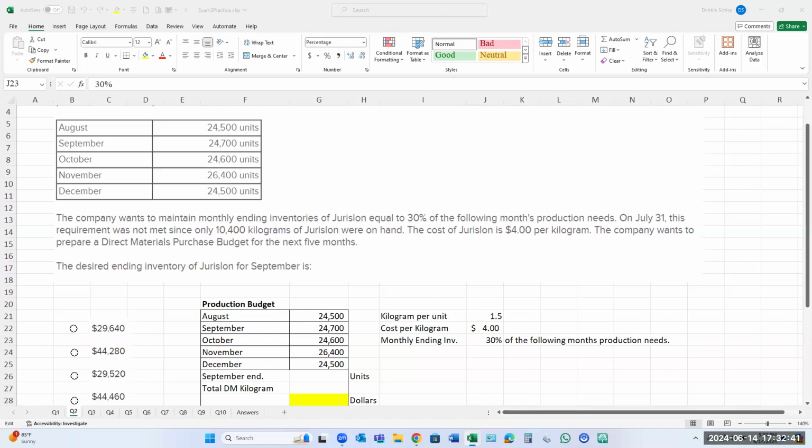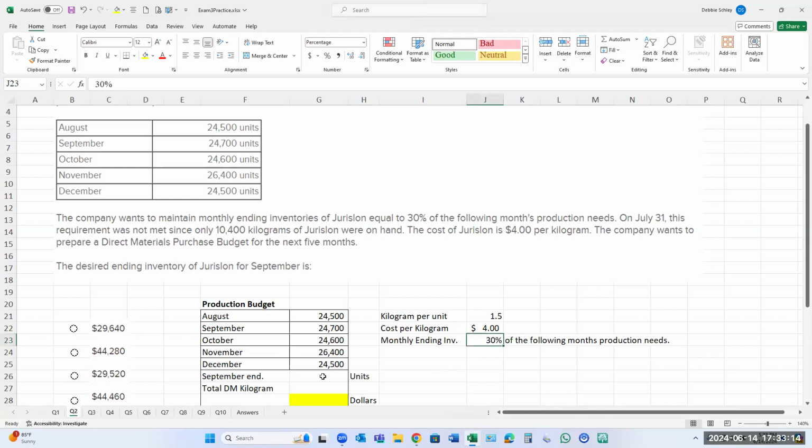So the way we're going to figure this out. This production budget is in units, and we need to get to kilograms. So this is units of Mini Warp, and we need to get it to the cost of Jerchlon that we need.